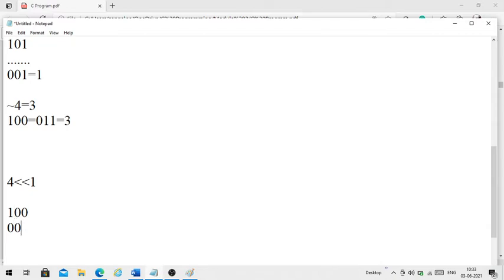And the last position is empty, where I will place a 0. This is the operation of left shift. So the result I will get is that the 1 will be shifted out and 0 will be moved.